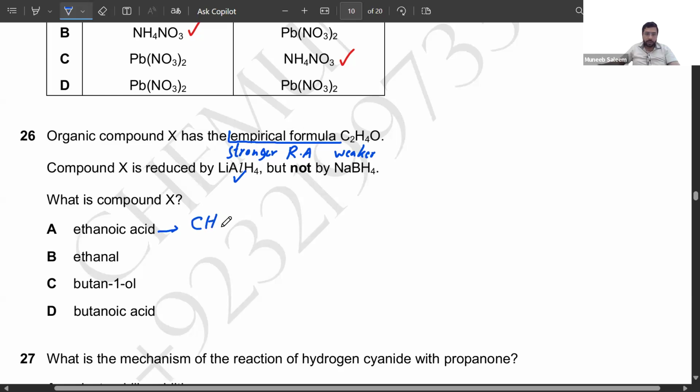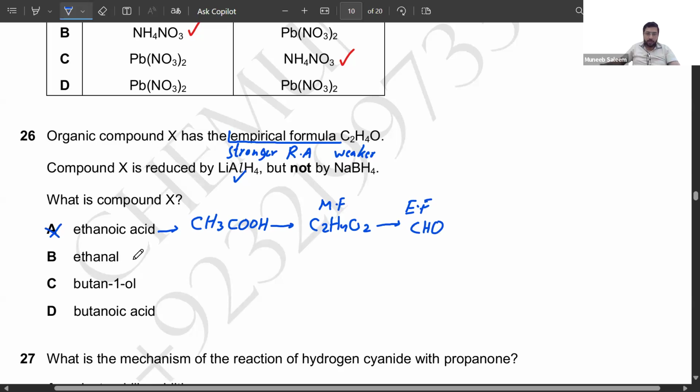Its molecular formula is C2H4O2, and its empirical formula will be CH2O. So CH2O is the empirical formula of ethanoic acid, so it cannot be the compound.